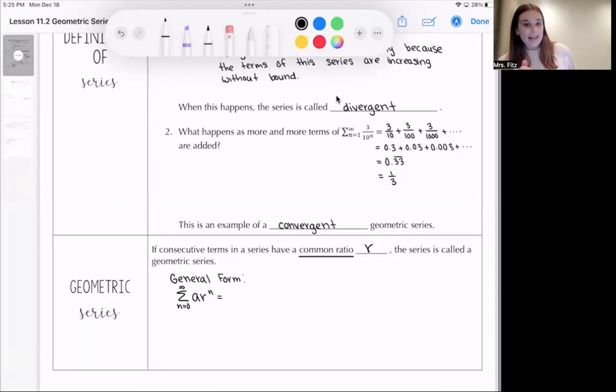In this case, if you plug in 0 for n, your first term is actually a. And so when we expand this out, you get a plus a times r plus a times r squared, plus a times r cubed, plus dot, dot, dot, a times r to the nth, dot, dot, dot.